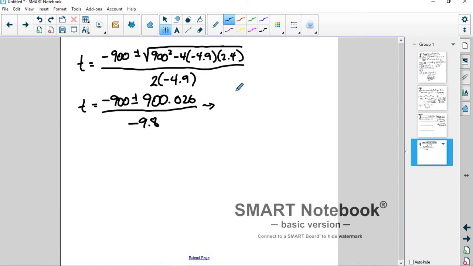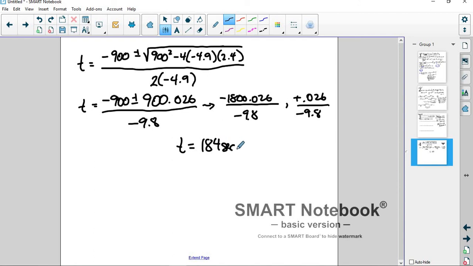And so when I add or subtract, I end up with negative 1800.026 over negative 9.8, and I also get positive 0.026 over negative 9.8. And so the time is equal to 184 seconds if I round to the nearest second. And this is 0 seconds, which is not exactly accurate.